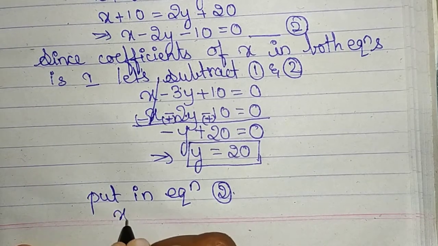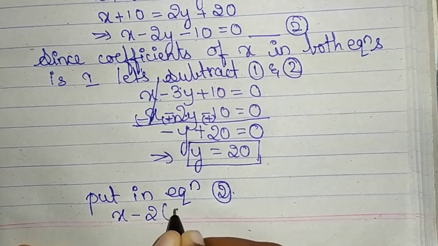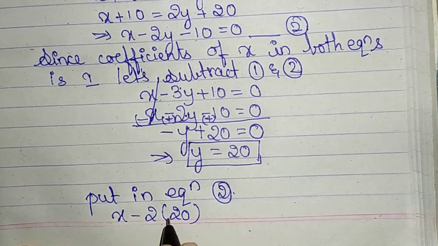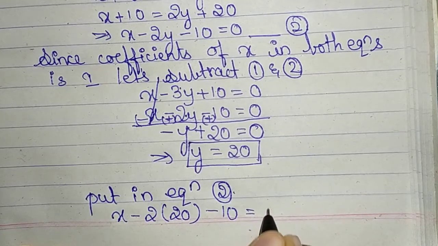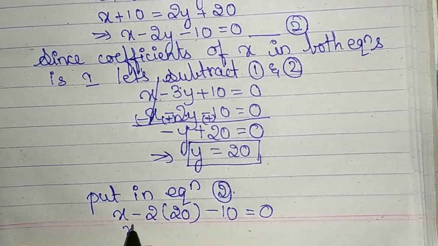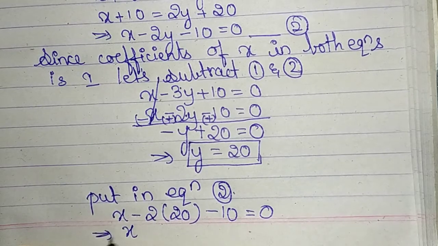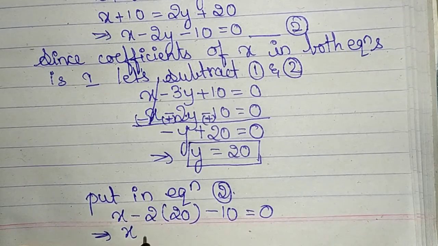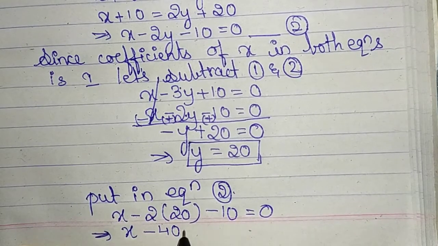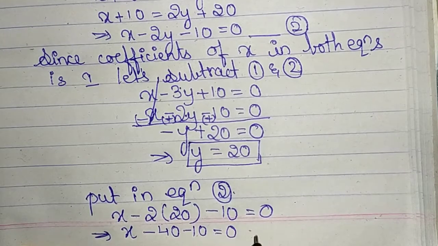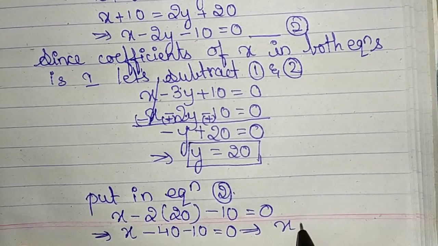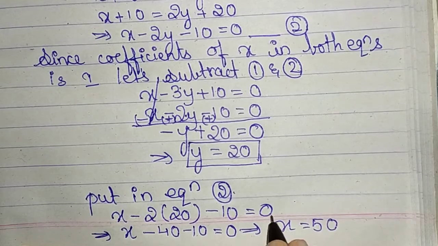So here we get x minus 2 into 20, because it is x minus 2y. So x minus 2 into 20 minus 10 is equal to 0. So this implies x minus 40 minus 10 is equal to 0. This implies x is equal to 50.